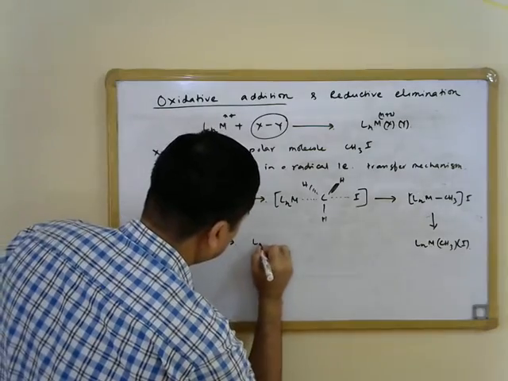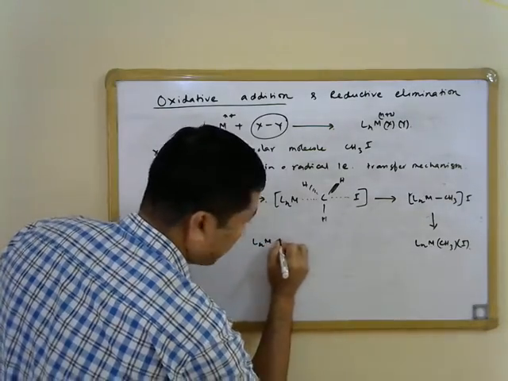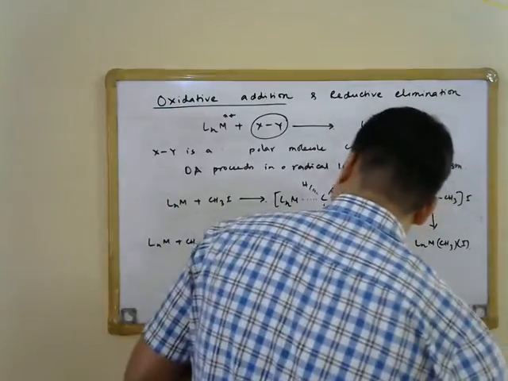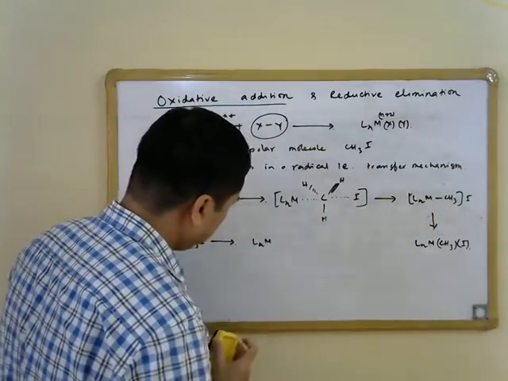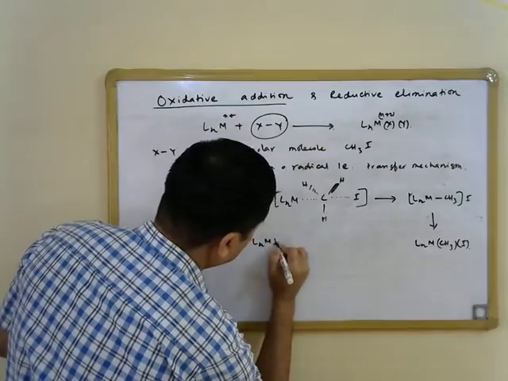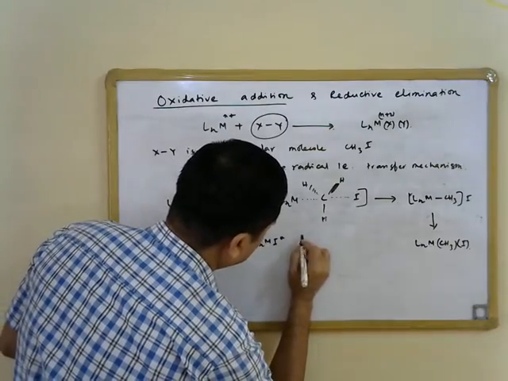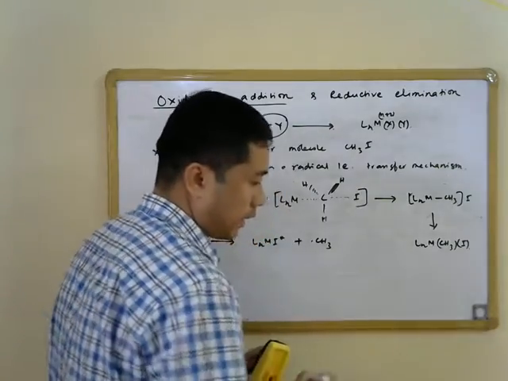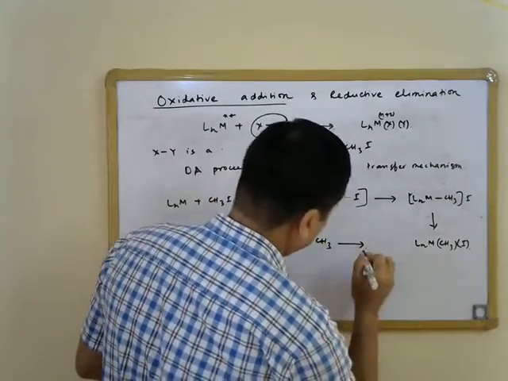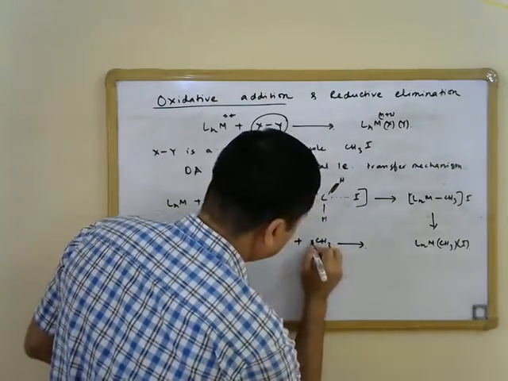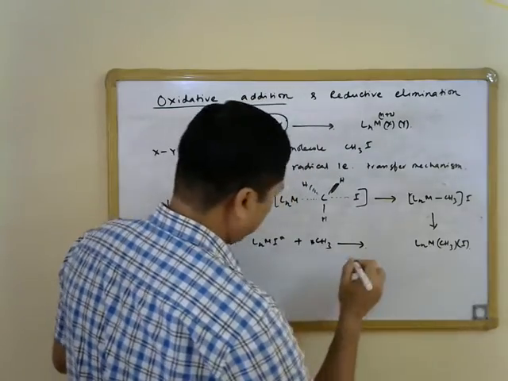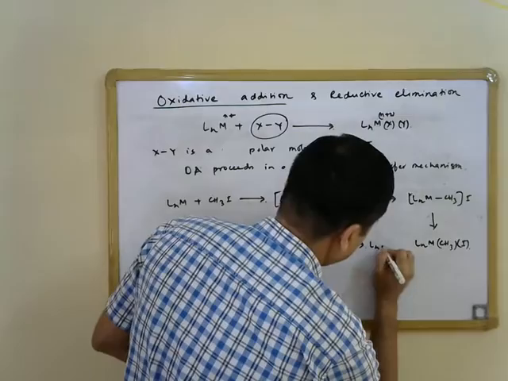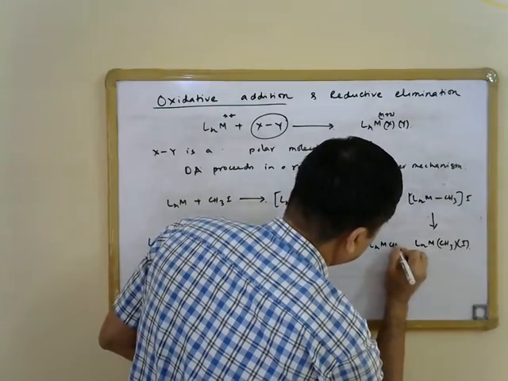We can have LnM-I, let's say again a radical, and CH3I, another radical and CH3 radical over here, and this gives us LnM-CH3.